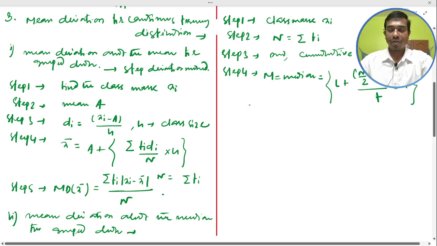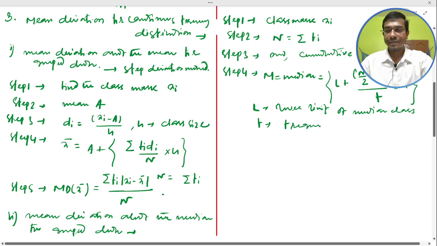Here L is the lower limit of the median class, f is the frequency of the median class, h is the width of the median class, and c is the cumulative frequency.